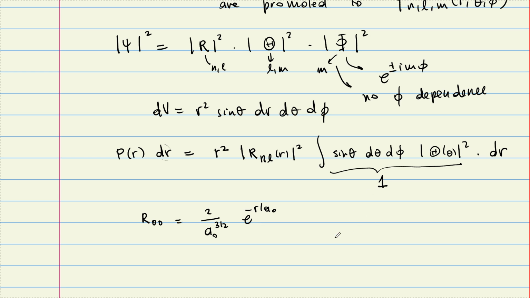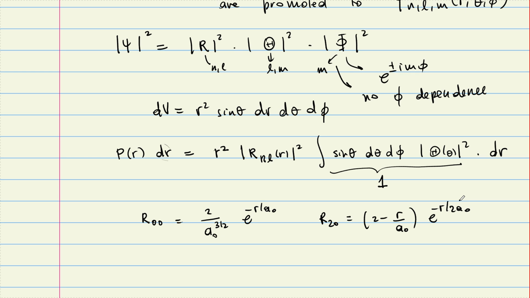Let me also give you R 2,0, which is, there are some constants, let me not write those, it's like 2 minus r over a naught, e to the minus r over 2 a naught.